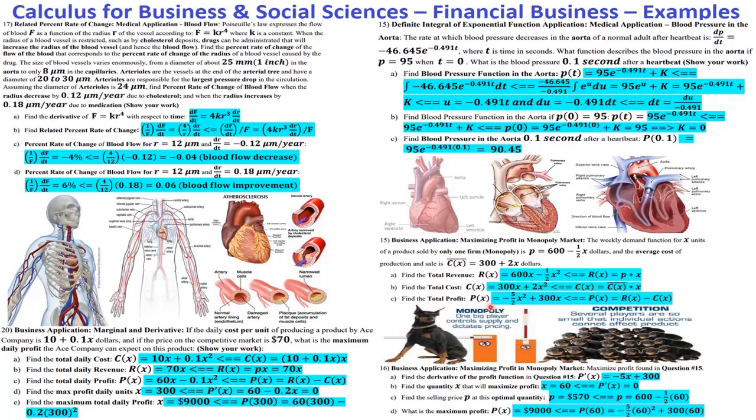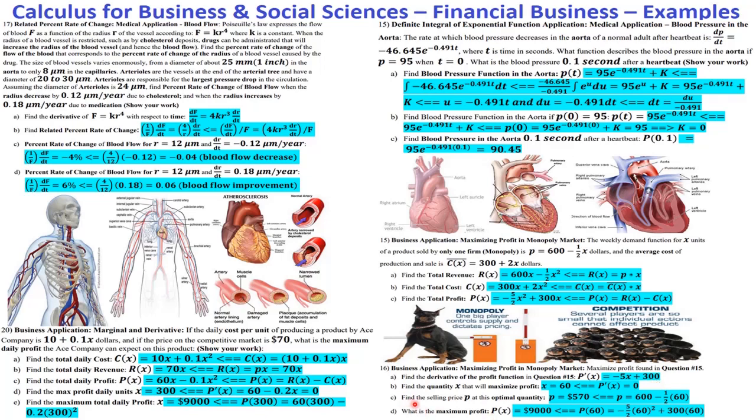Then the total profit is minus 5 over 2x squared plus 300x, which is revenue minus cost. So if you take the derivative of the profit, which is minus 5x plus 300, and set that equal to 0, it will give you x equals 60. That is the maximum profit.